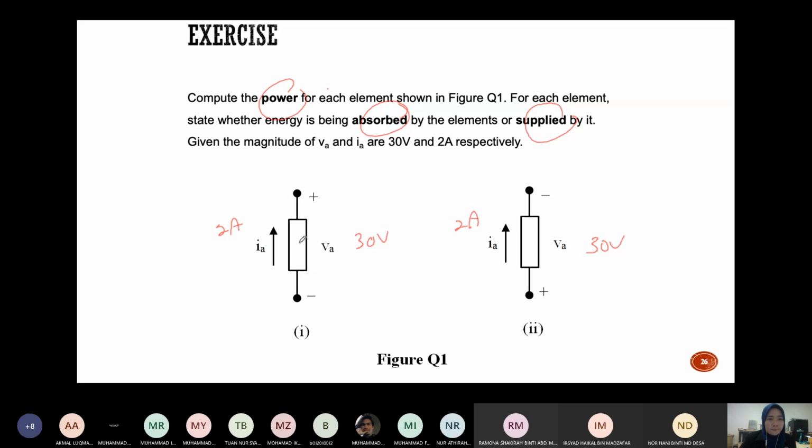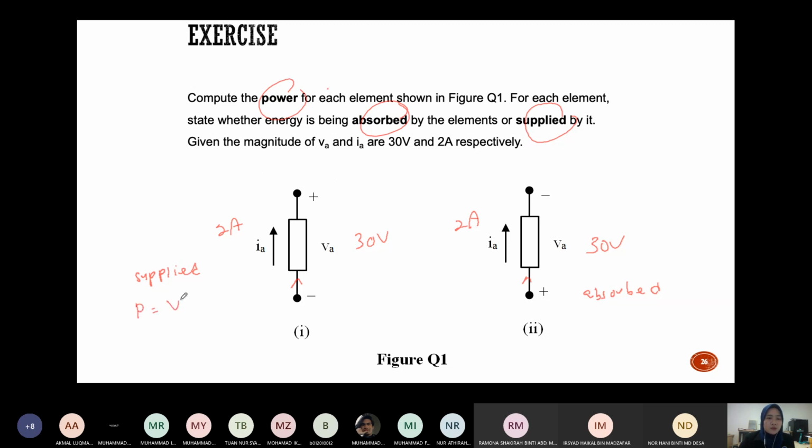Okay, so for this one, supply or absorb? Supply. The current flows to the negative terminal, so this is supply. This one, the current flows to the positive terminal, so this is absorb. Now you want to calculate the power.